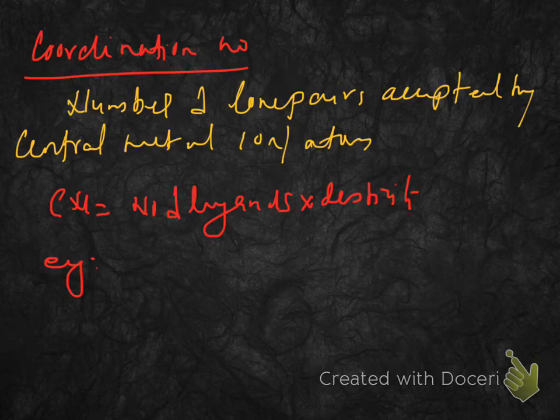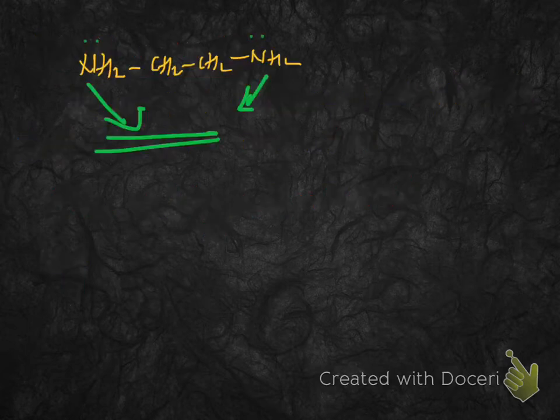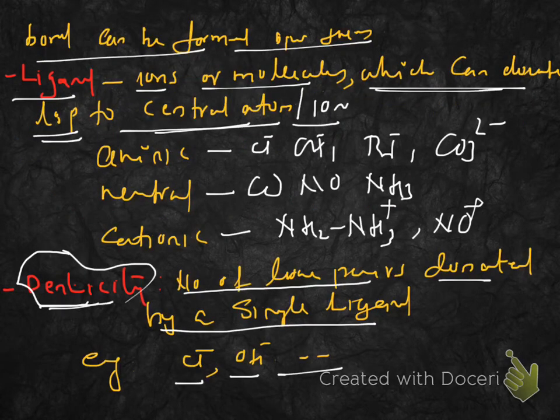Next one is coordination number. Number of lone pairs accepted by the central metal atom or ion. So, denticity is the term related to ligand. How many lone pairs can be donated by a ligand?